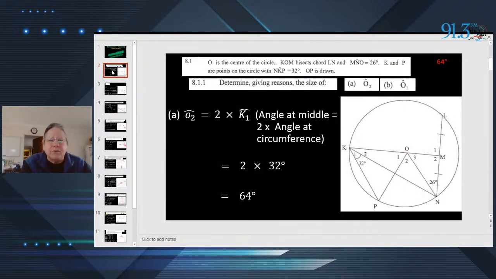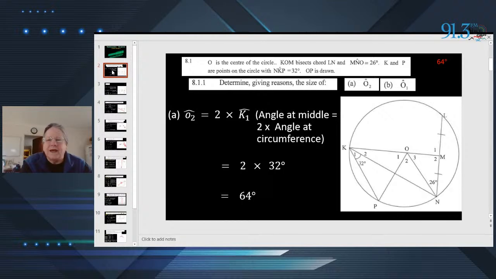Question 8 of the 2020 November paper 2. We have a geometry picture on the right-hand side. O is the center of the circle. Now, very important: there are various keywords at the top of these questions, and they point you to the theorems that you may be using when you answer the question. So if they tell you there's a center of a circle, I will immediately look if there's a diameter.